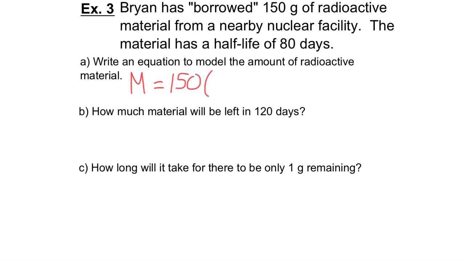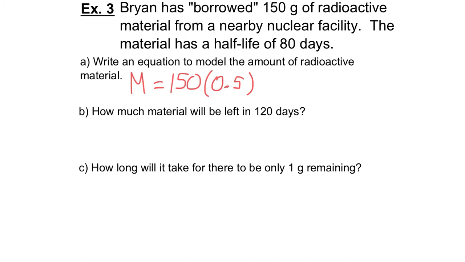Well, in this case, it's decaying because we're talking about a half-life. Remember, radioactive material decays. You're going to have less and less of it. I said half-life is the amount of time it takes to have half of the material. So every 80 days, you're going to have 50% of the amount you had in the previous 80 days.